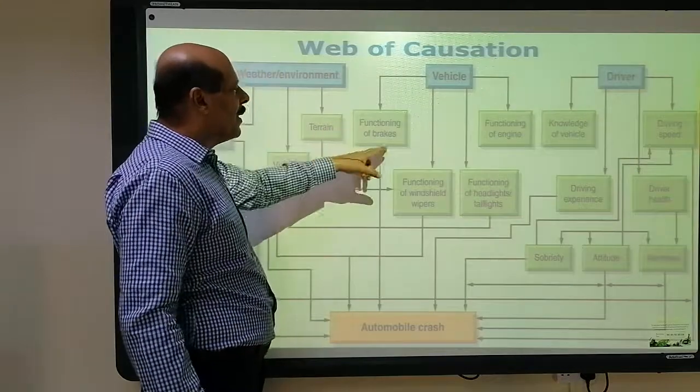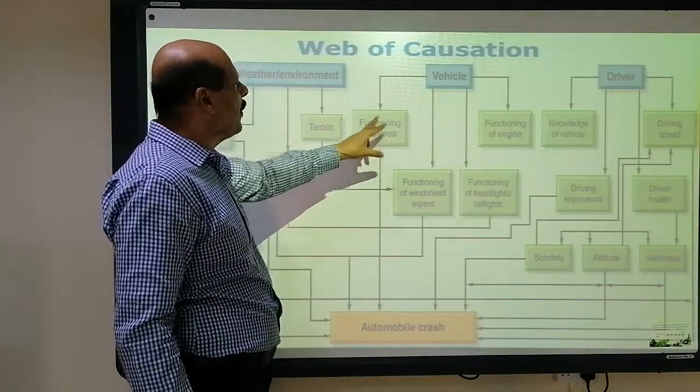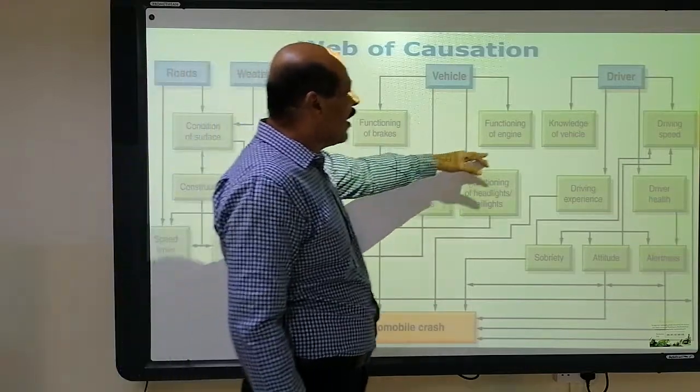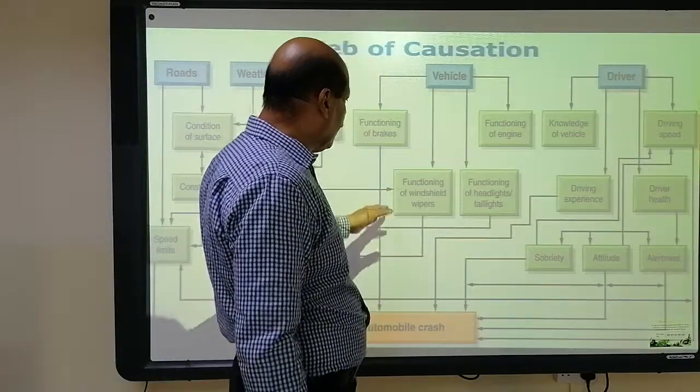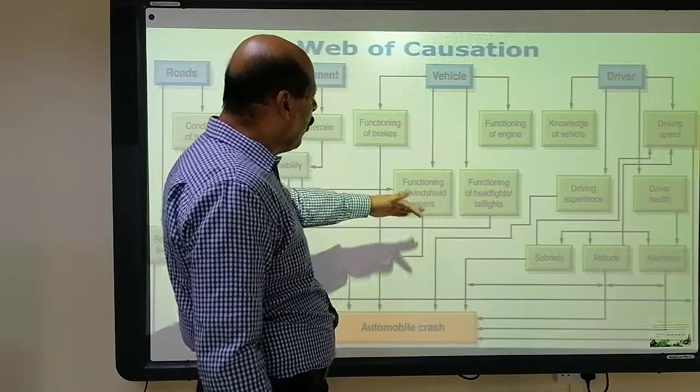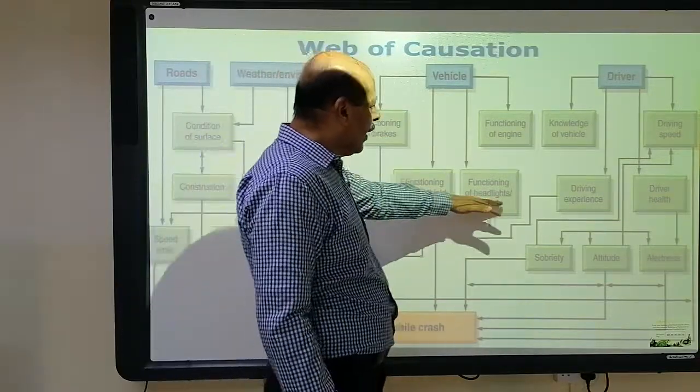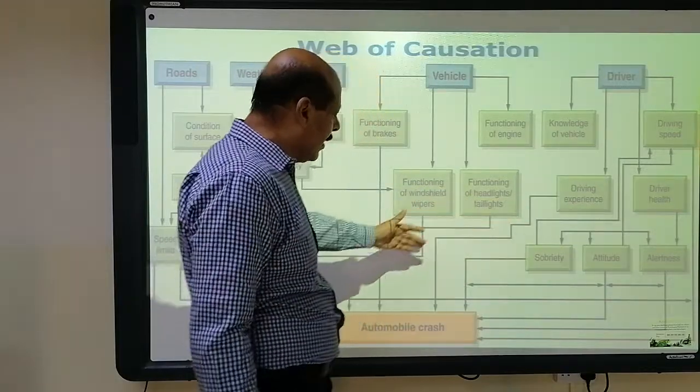In the vehicle itself, we have the function of the brakes, function of the engine, functioning of the windshield wiper, and also function of the headlight.